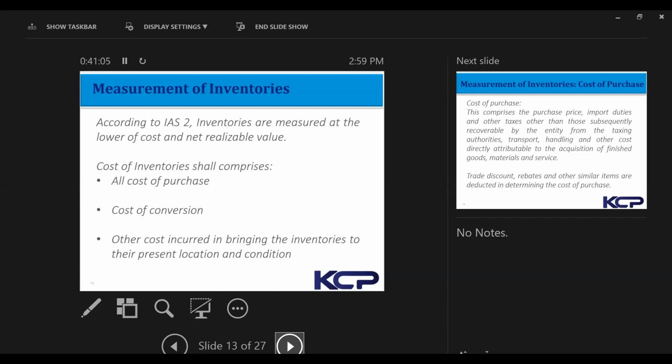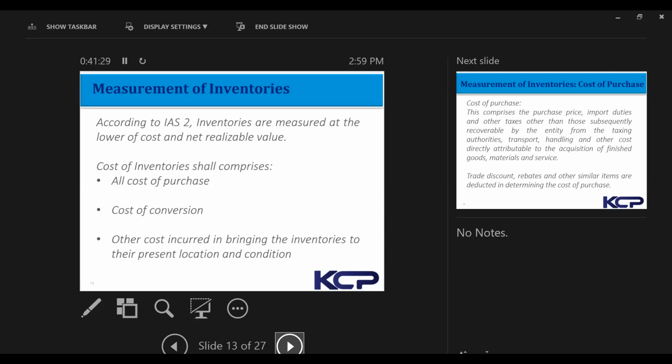How do we measure inventories? I've said it that every standard, or most of all the standards, give provisions around definition of key terms, what is the name of the standard, what is the scope of the standard, what is the standard seeking to attain or as its objective.